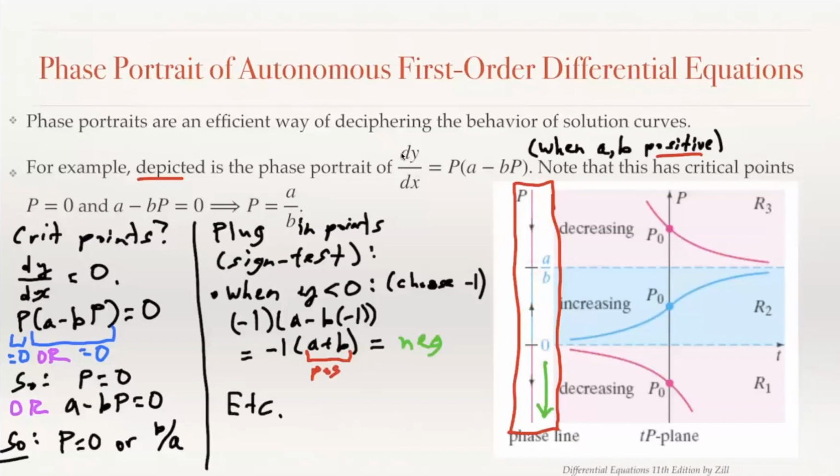And from that phase diagram, we could then sketch solutions. So it's negative there, so it's decreasing, and it always has to be approaching the equilibrium solution given by the critical point in at least one of the directions. Over here, it's increasing because the phase diagram there points up, approaching where the slope is 0 in that direction.